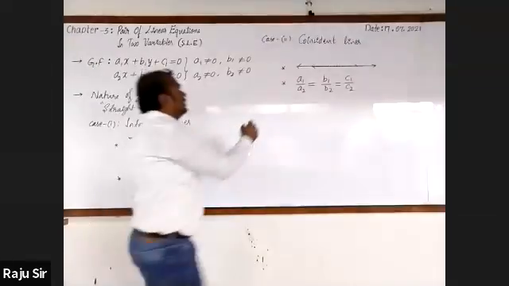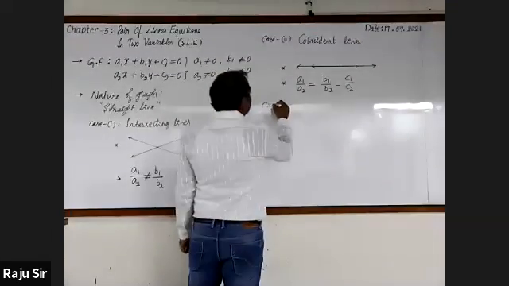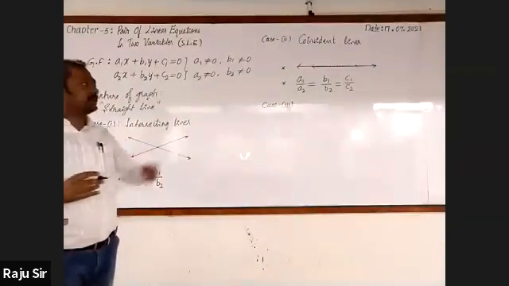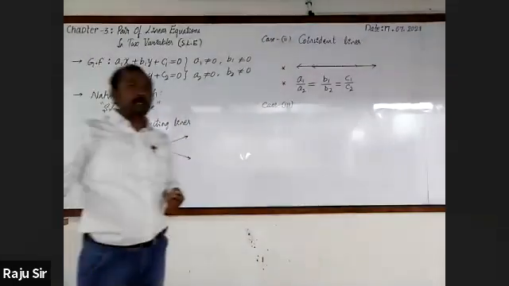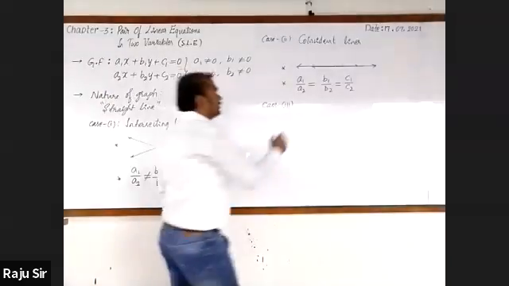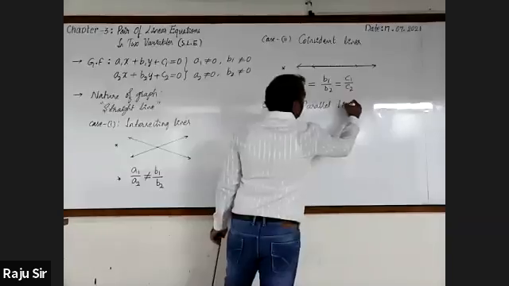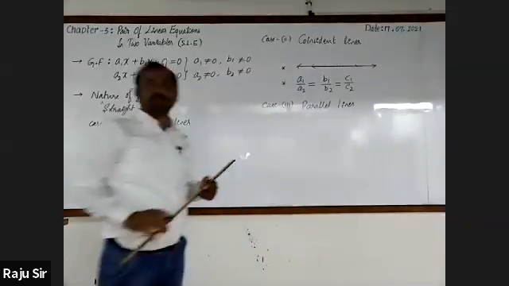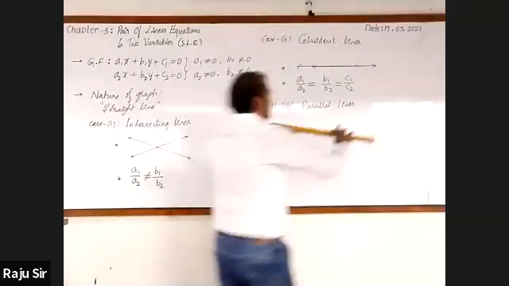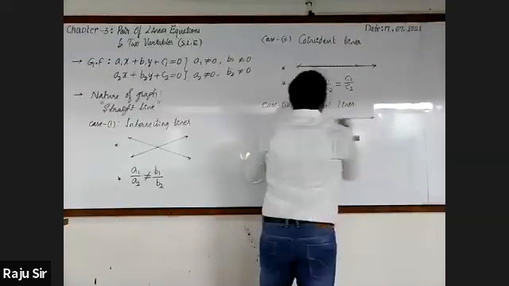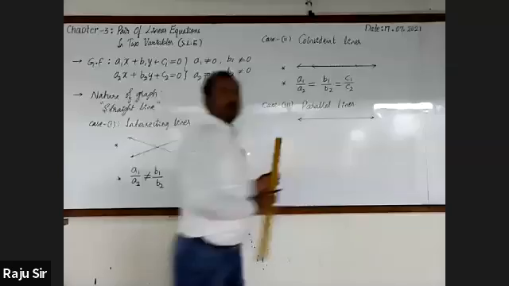Next, let me take the third case. How will the lines be in the third case? Parallel. The lines will be parallel to each other. Now draw a straight line which represents the first equation.